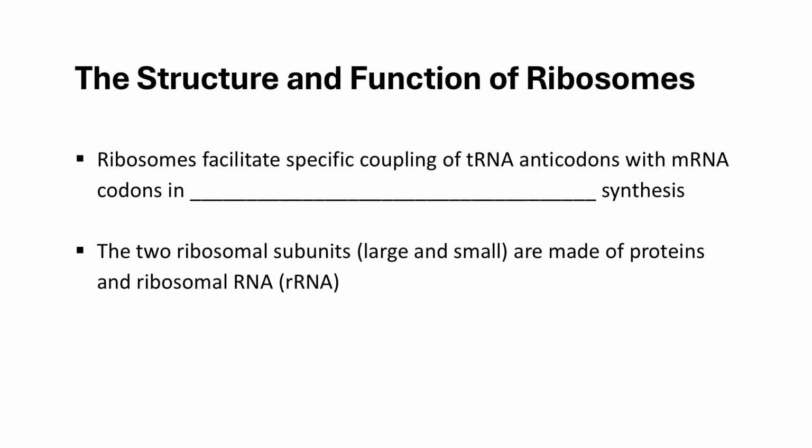What are the ribosomes going to do? The ribosomes are going to facilitate specific coupling of the tRNA anticodons with the mRNA codons in protein synthesis or translation. The two ribosomal subunits, large and small, are made of proteins and ribosomal RNA.